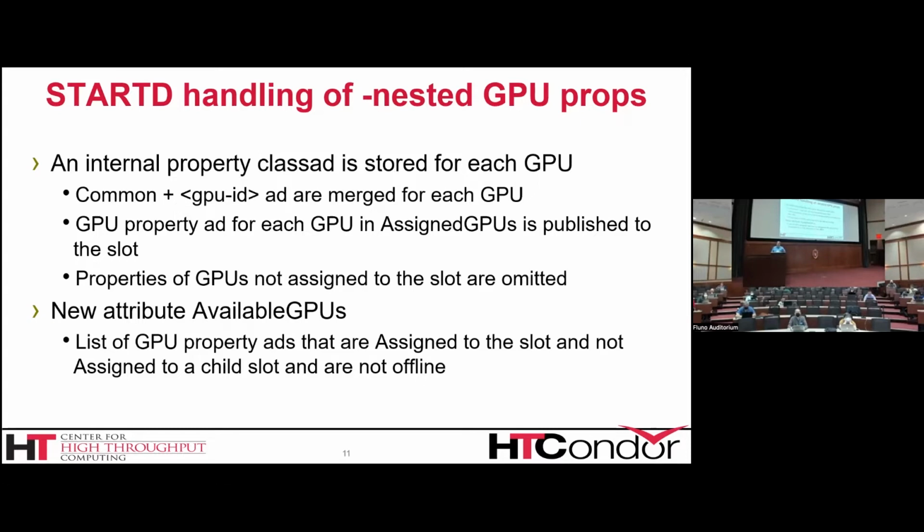And then what it is doing is adding a new attribute to every slot called AvailableGPUs. This attribute will be a list of references to the individual GPU property ads. And it will publish AvailableGPUs containing only the GPUs that are assigned to that slot and not assigned to a child of that slot.